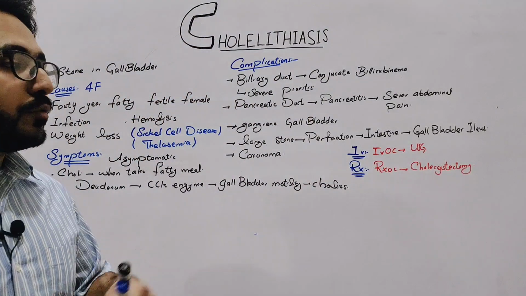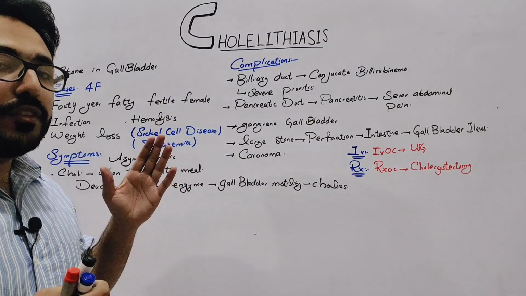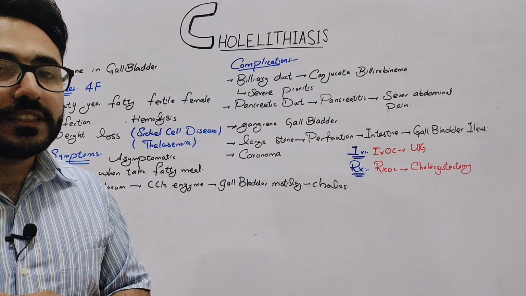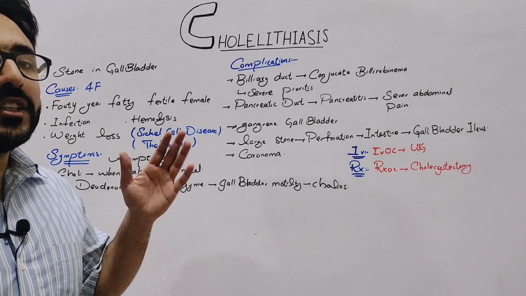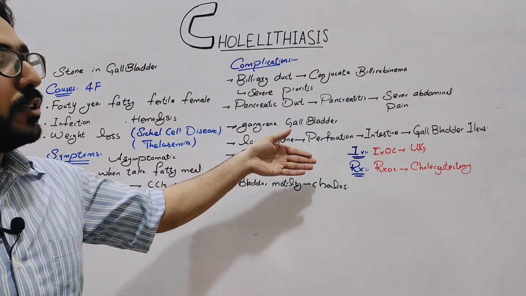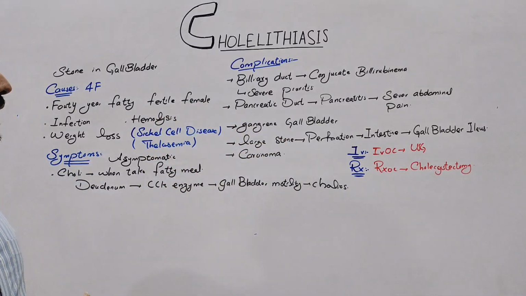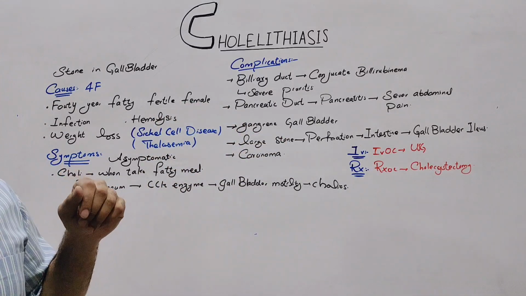If the gallbladder stones are removed by ERCP, there will be recurrence. So in this condition, we will usually remove the gallbladder. And what are the indications of cholecystectomy?